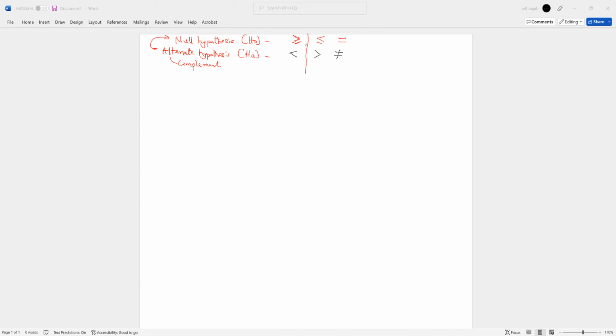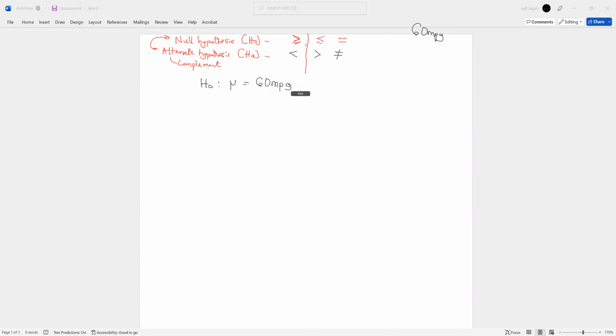So a simple way to write this is, remember when we did the example about the car, right? We said the car was 60 miles per gallon. Now, let's write that in that form. So H sub O would say that the mean miles per gallon that you get for your car, which is what Volvo is saying, is what? 60 miles per gallon.